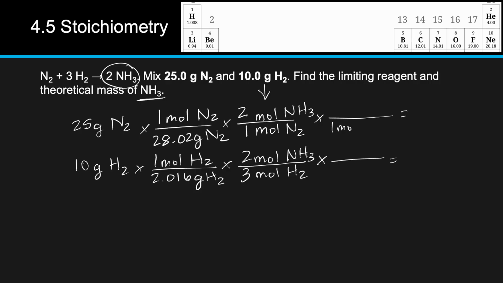So in 1 mole of my NH3, I have the molar mass of NH3, which is 17.034.